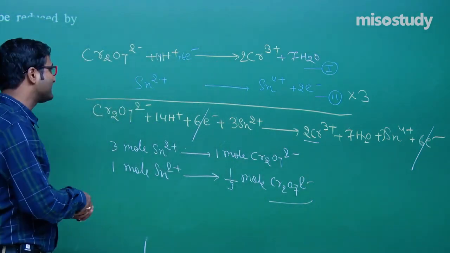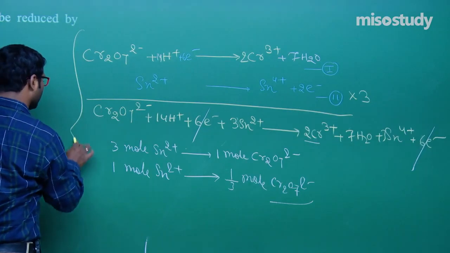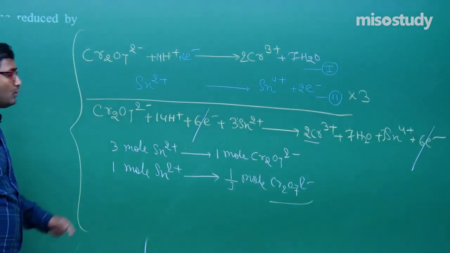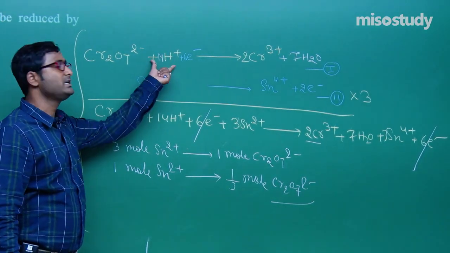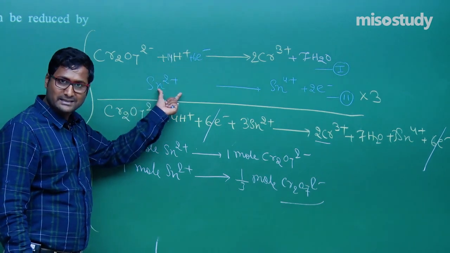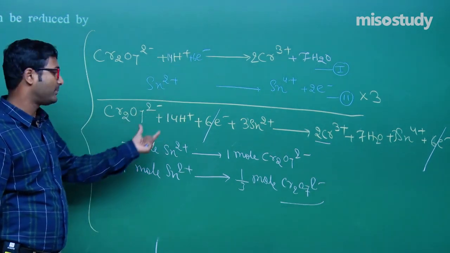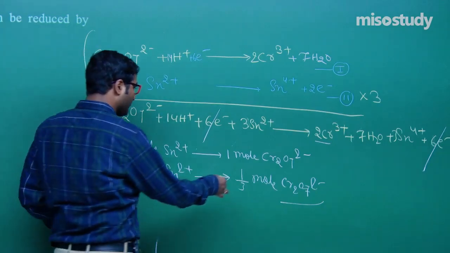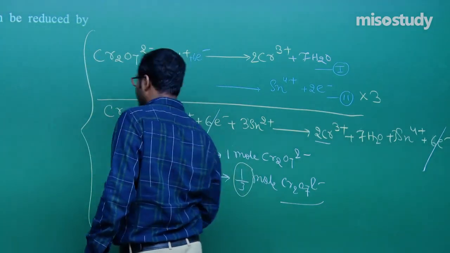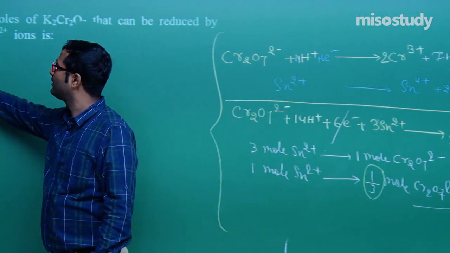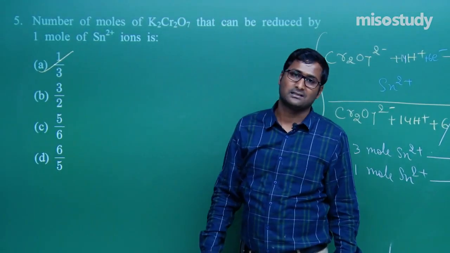Clear friend? This is the detailed solution. You can easily observe: the first one is the reduction half reaction, the second one is the oxidation half reaction, and finally what we get is 1/3. So for this question 1/3 is the answer.